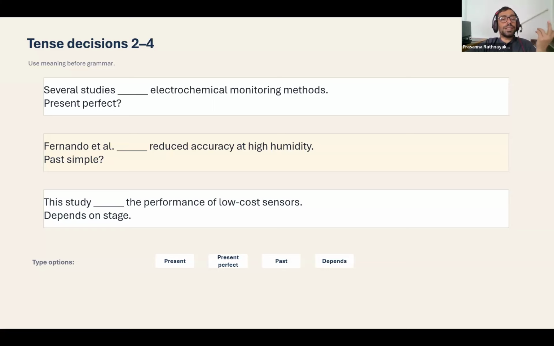Is it present, present perfect, past, or it depends? I need the answer in the options like present, present perfect, past, and depends.